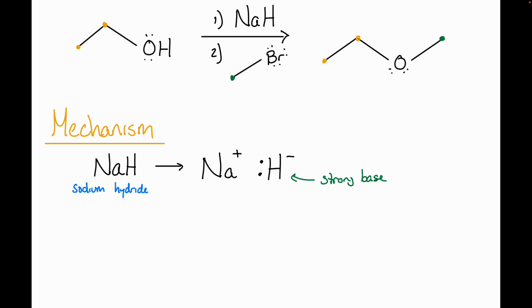They use it for this purpose all the time, and that is to deprotonate alcohols. Anytime you see a sodium hydride in there, chances are that its role is to steal that proton away from that alcohol.